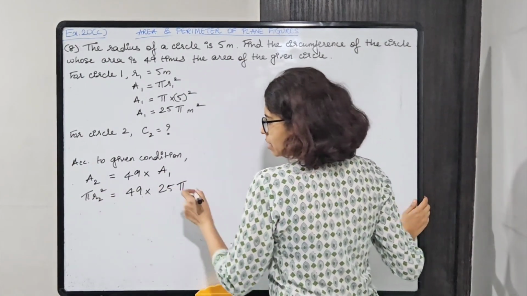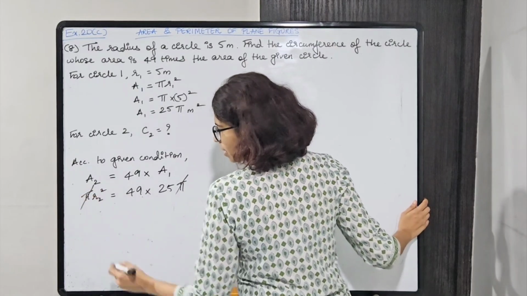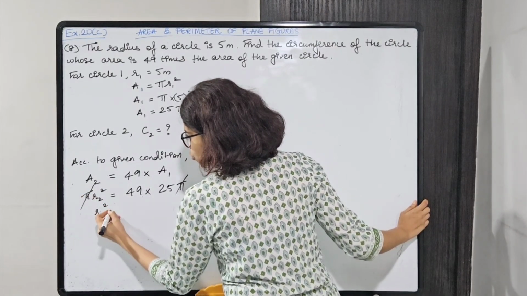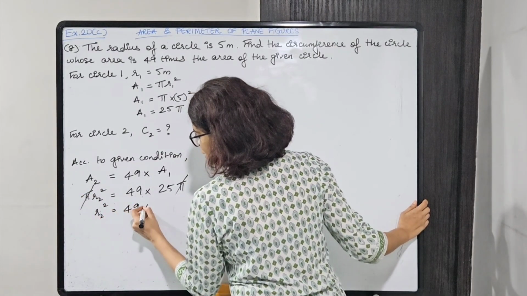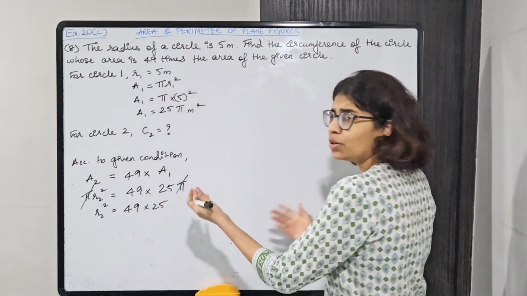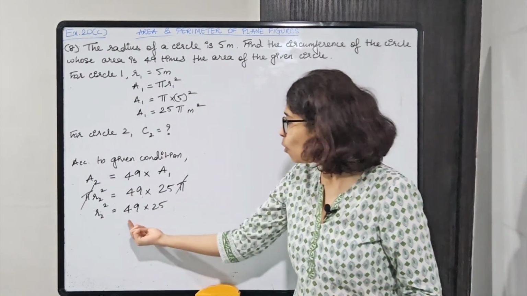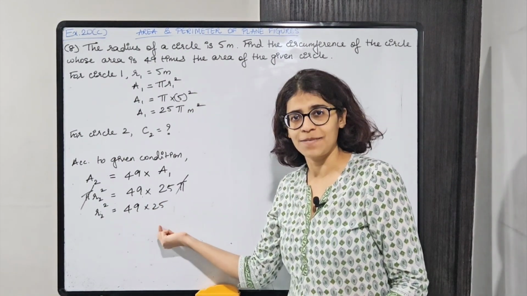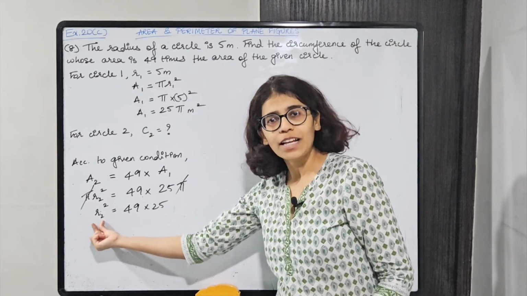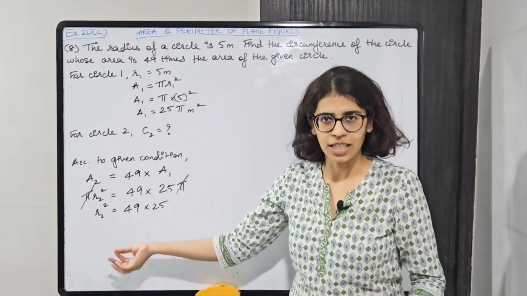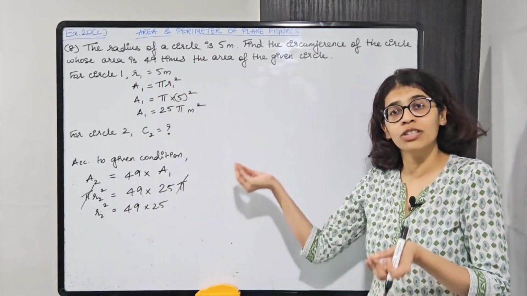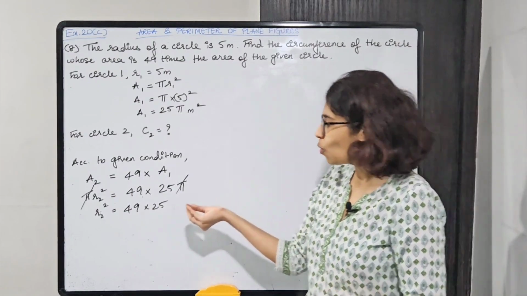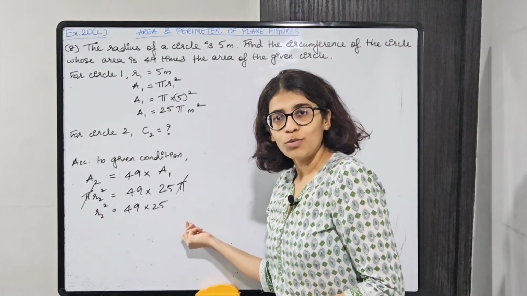Pi can be cancelled. So we are left with R2 squared is equal to 49 into 25. You don't need to multiply. Both are perfect squares. So I need to find out the value of R2. Radius has to be found because I need to find out the circumference. So we'll take square root on both the sides.